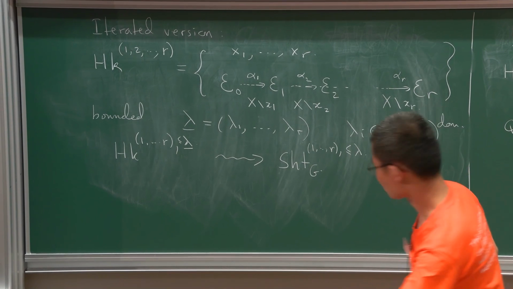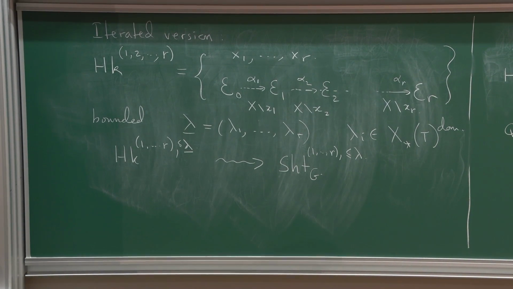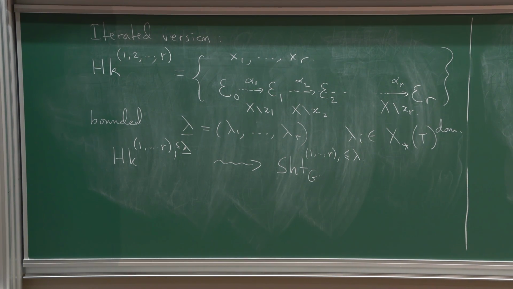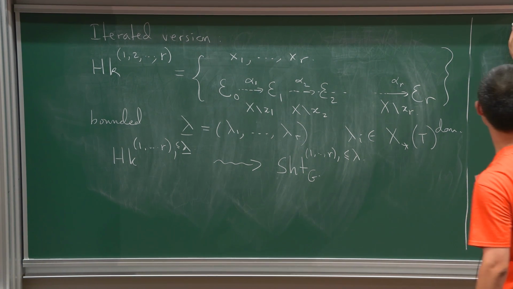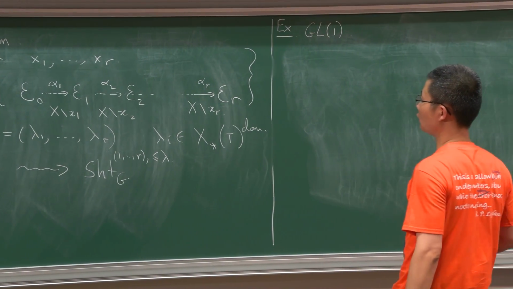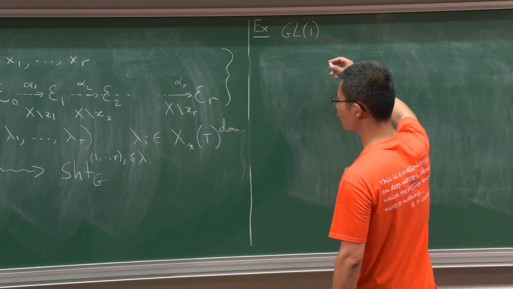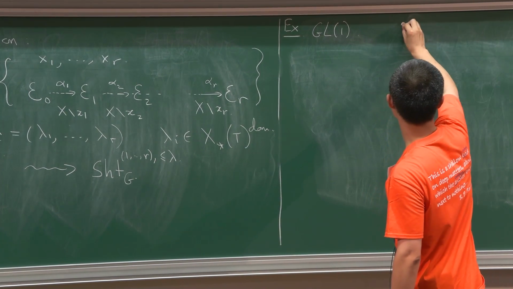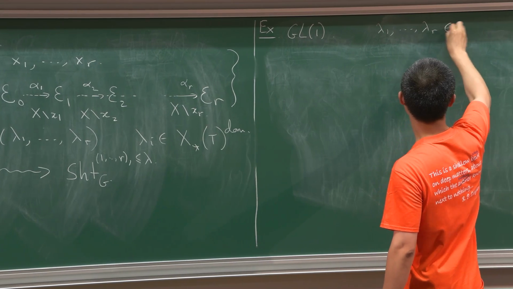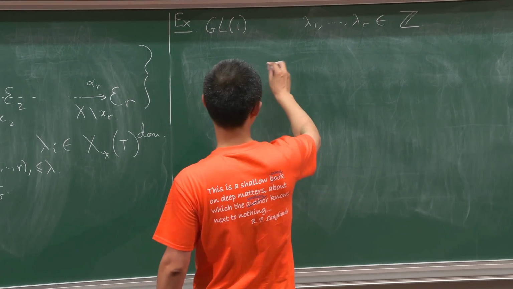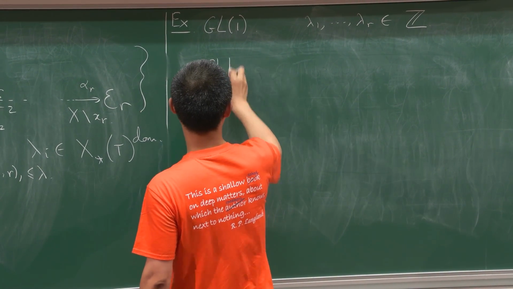Okay, so let me give an example, the simplest example in GL1, for the iterated version. For GL1, the choice of lambda i is just an integer. And then Shtukas.